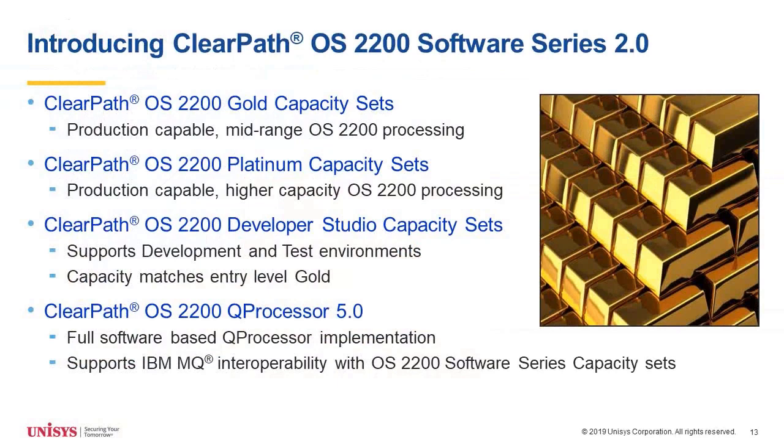Again, you can develop on the OS 2200 Developer Studio for either a Gold or Platinum instance or for a Dorado system. Finally, today we'll be talking about the OS 2200 Q Processor 5.0 release. It's not technically part of the 2.0 software series, but it is coming out at the same time. And this is a fully software delivered implementation of the Q processor.